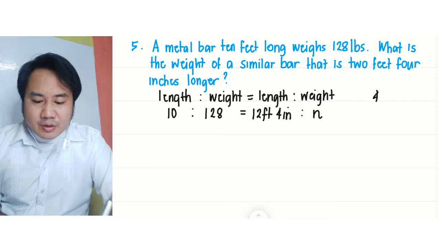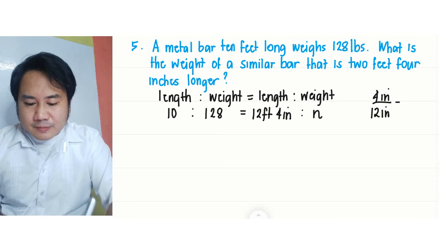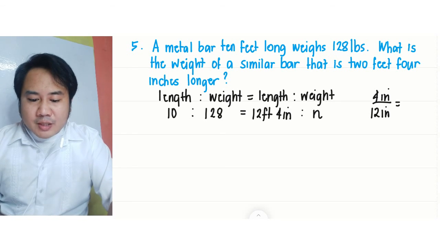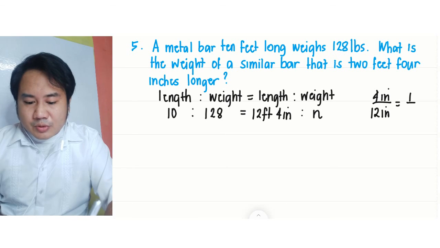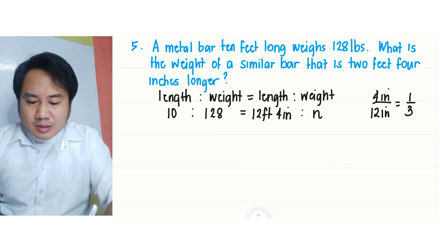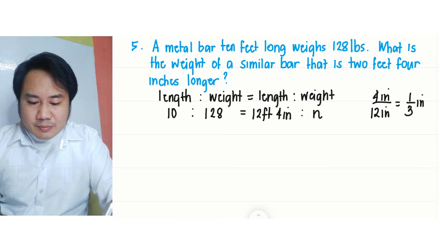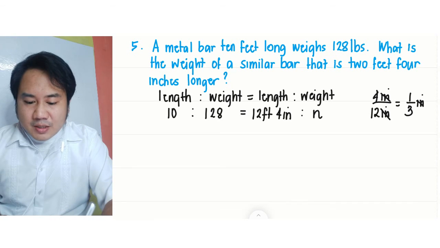So remember, sa isang foot, meron tayong 12 inches. So 4 divided by 12, reducing it to lowest term, that is 1/3, magiging feet pala siya. 1/3 feet.